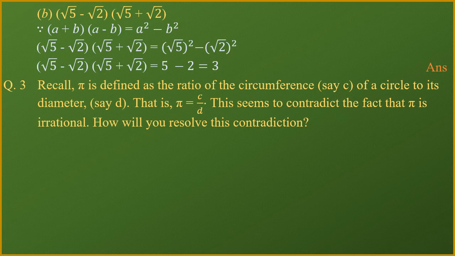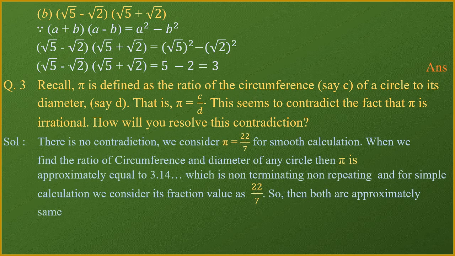So see, here we can say that this is not a contradiction. When we take the value of pi is equal to 22 upon 7, that is actually not a value of pi. For making our calculation smooth and simple, we consider the value of pi as 22 upon 7. But basically, the value of pi is not equal to 22 upon 7. What happens when you divide the circumference by the diameter of circle? For example, you have one circle and you have provided the circumference and the diameter of the circle.